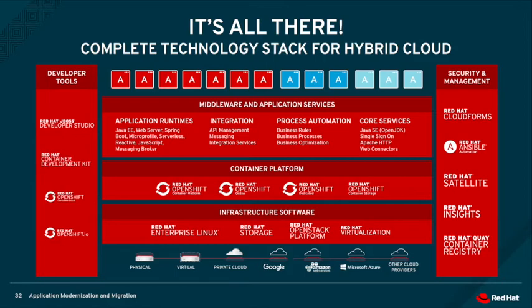On top of that, what we provide is the infrastructure software, whether it is Enterprise Linux, a storage solution, an OpenStack solution, or Red Hat Virtualization. And on top of that, the most important part is the container platform. So Red Hat's OpenShift Container Platform will run on top of it, and on top of that will be your application runtimes, your integration related runtimes, or business automation and process automation related runtimes.